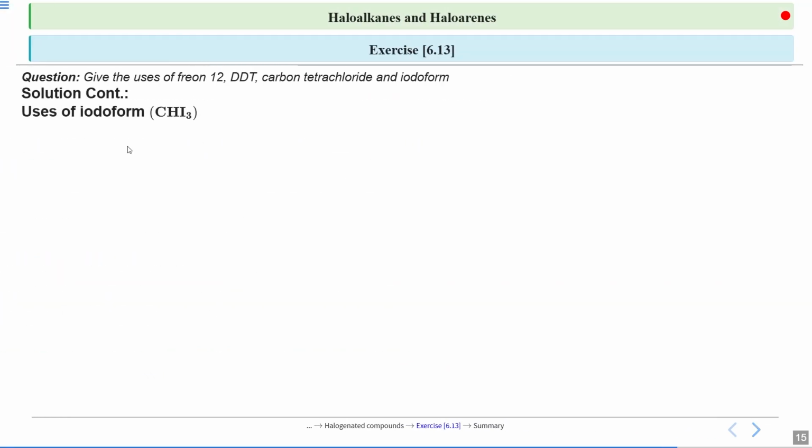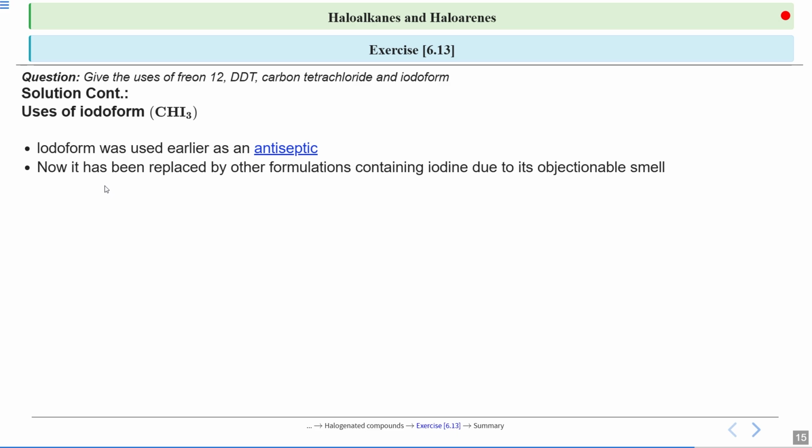Now let's talk about the uses of our fourth molecule, iodoform, CHI3. Iodoform was used earlier as an antiseptic. Now it has been replaced by other formulations containing iodine due to its objectionable smell.